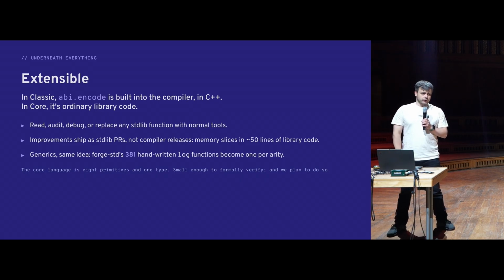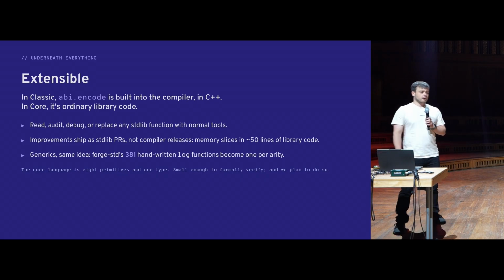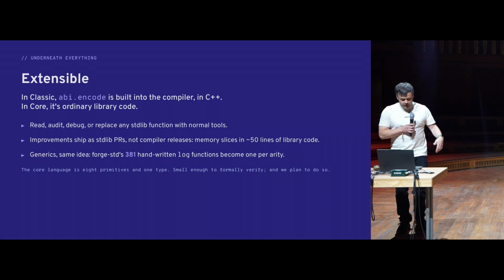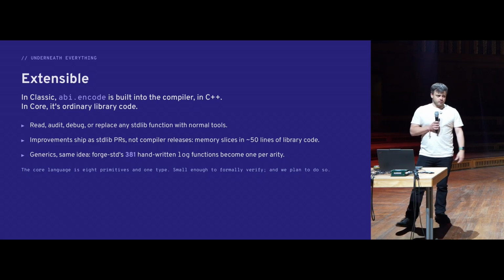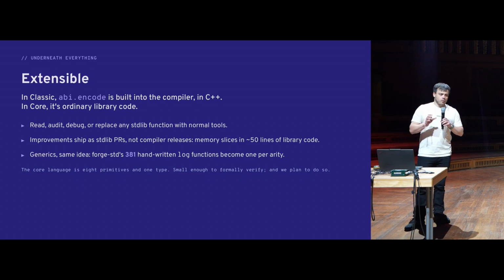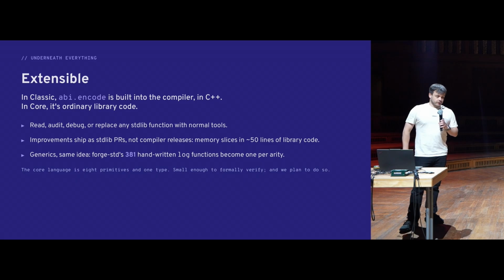And we also have generics in the language, which, again, compared to, let's say, the Forge standard library, where they have 381 handwritten log functions, whereas in Core Solidity, you can just have one function per arity, which is more elegant, with a smaller surface for mistakes.